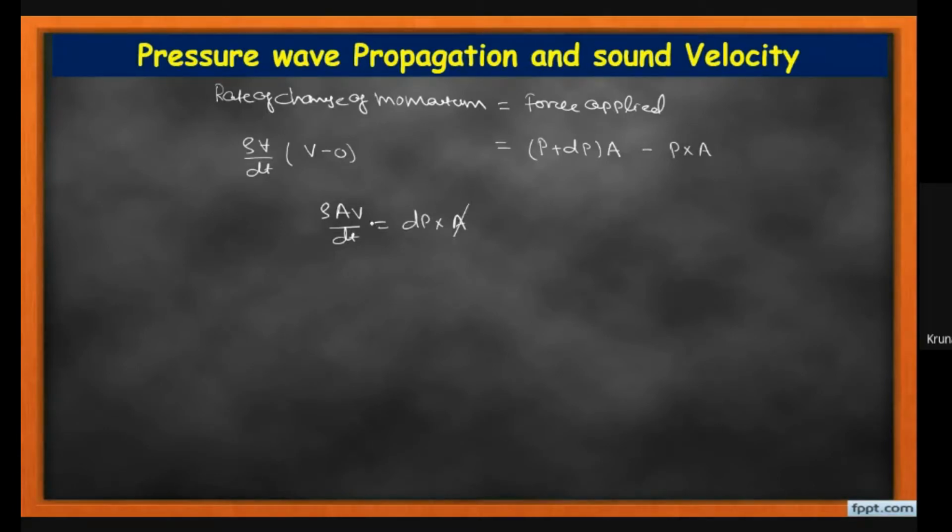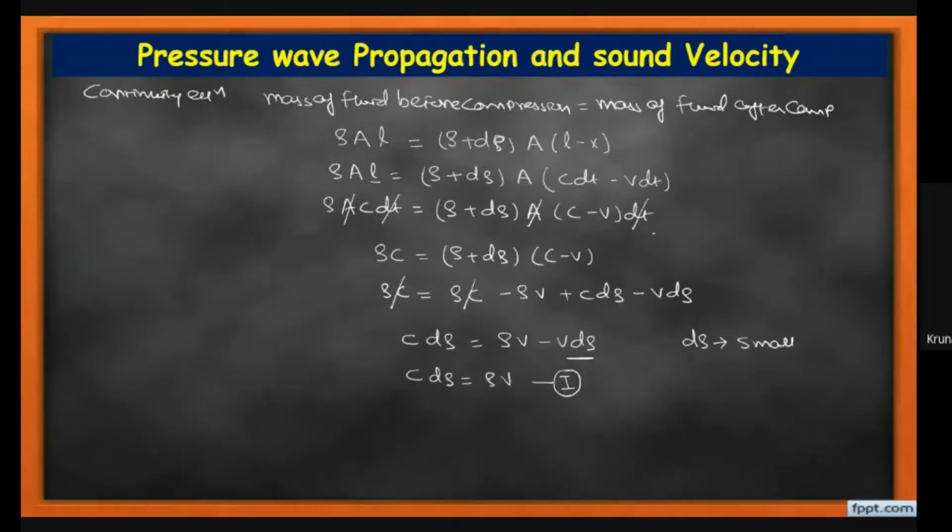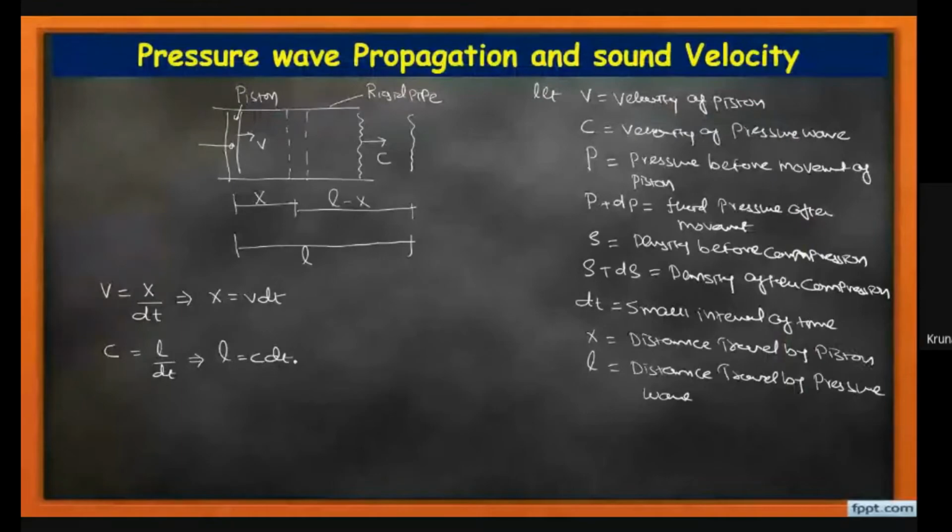Now A is cancelled out from both terms, and we know that volume equals area into length. Here L is there because this is volume, so area into length. So we get rho L v divided by dt equals dp. Now students, we know from the previous expression that L equals c into dt.